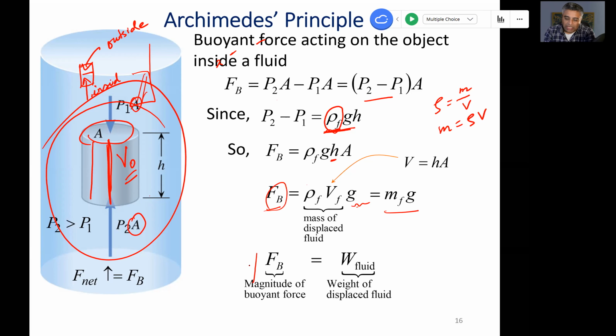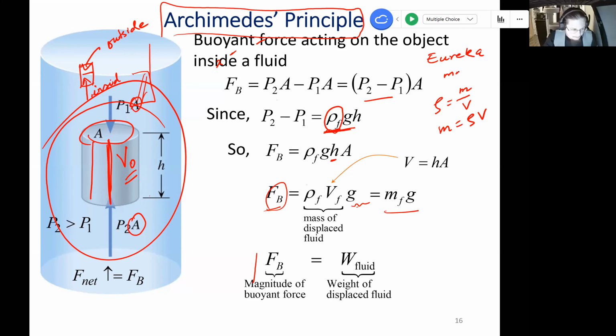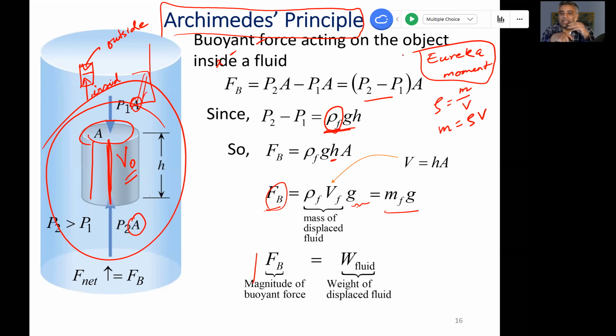So this is called Archimedes' principle, and Archimedes discovered this when he was under a lot of stress, as the story goes. Are you guys familiar with this eureka moment? No, we're not. Okay, so I invite you to search that in Google and learn about it: eureka moment and Archimedes.